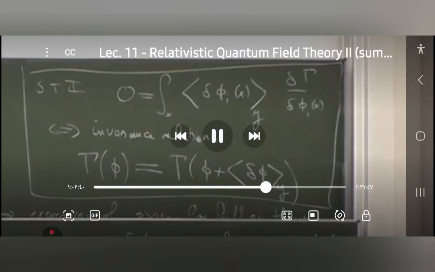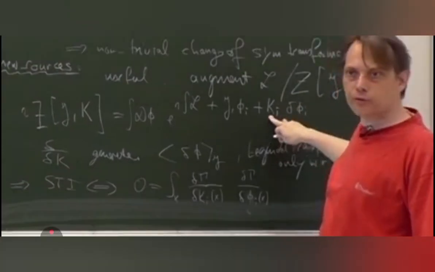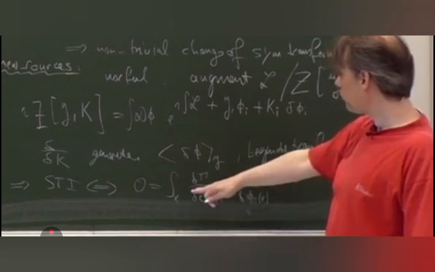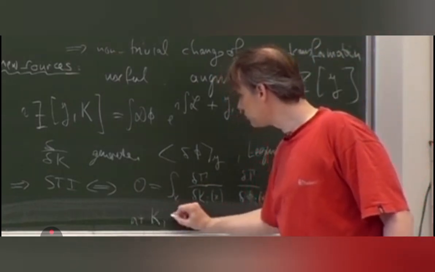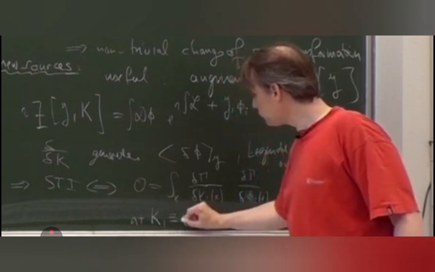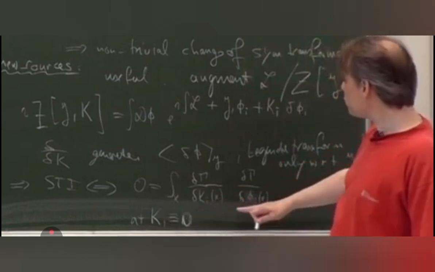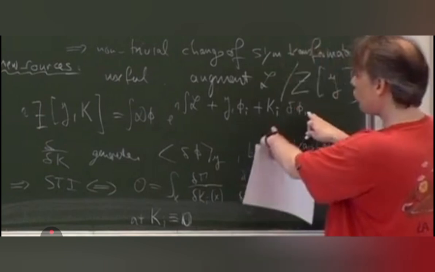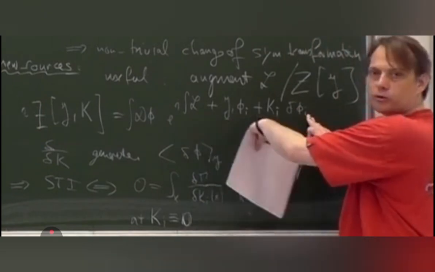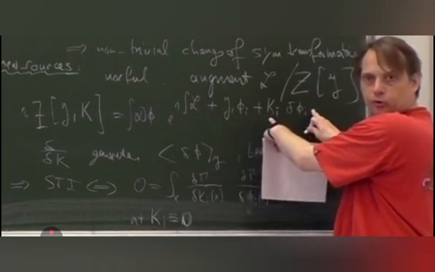And our original identity was derived and is valid without the sources k. Therefore, at this point, we only know that this is valid at k_i equals 0. Or it might even be valid for non-zero k under one condition, namely if it just happens that those additional terms, which are like additional terms in the Lagrangian, are such that the whole Lagrangian, including the k terms, is still invariant under the same symmetry.